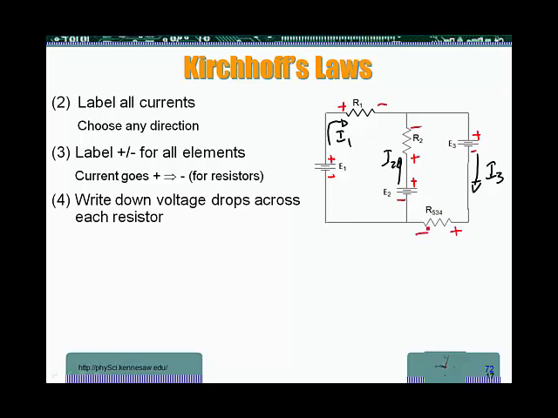The next thing is the voltage drops across each resistor, so that's going to be R1 I1. This one is going to be R2 I2, and this one is going to be R534 times I3. So we are set.